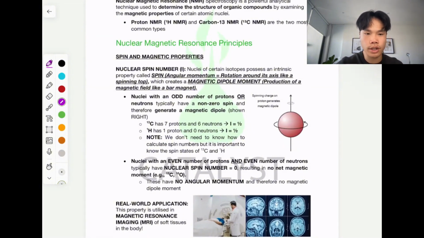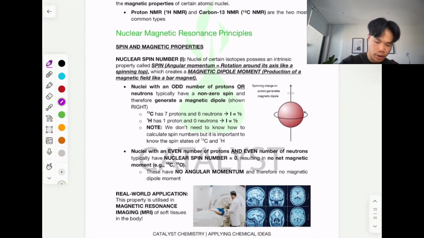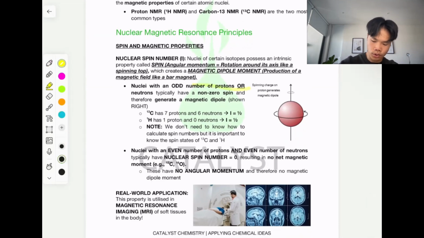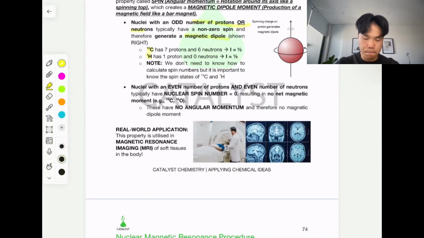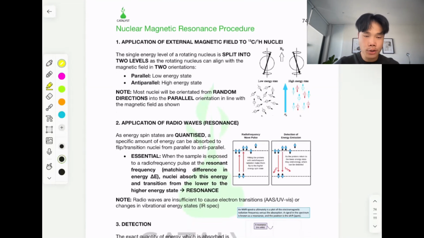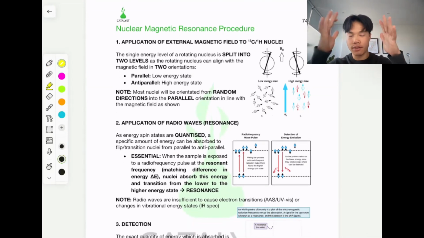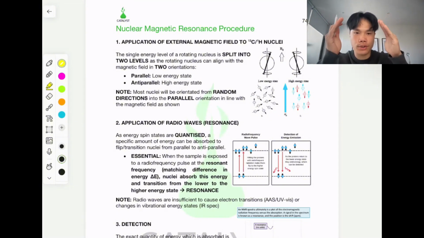Spin is a property of nuclei with an odd number of protons or neutrons, and that generates a magnetic dipole. So carbon-13 and a proton both have an odd number of protons and neutrons. The actual process of creating the NMR spectra involves firstly having nuclei that have non-zero spin, such as carbon-13 nuclei.